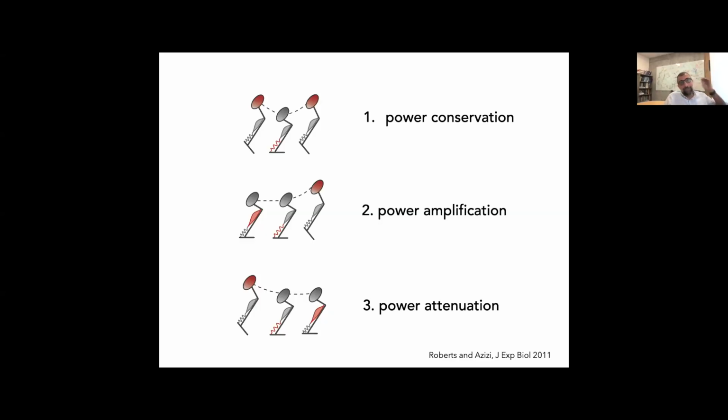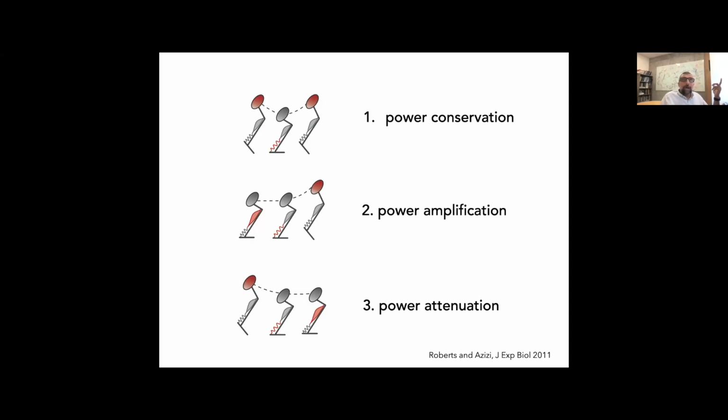Tom Roberts and I came up with a general framework for understanding the function of tendons, and we really borrowed from a 2000 paper by Michael Dickinson and the Integrative Biology Biomechanics group at Berkeley that started to define muscle function as being varied and really being defined as a behavior where the muscle acts as a motor and produces mechanical energy, as a strut where it just produces force, or as a brake where it's actually dissipating energy with every contraction.